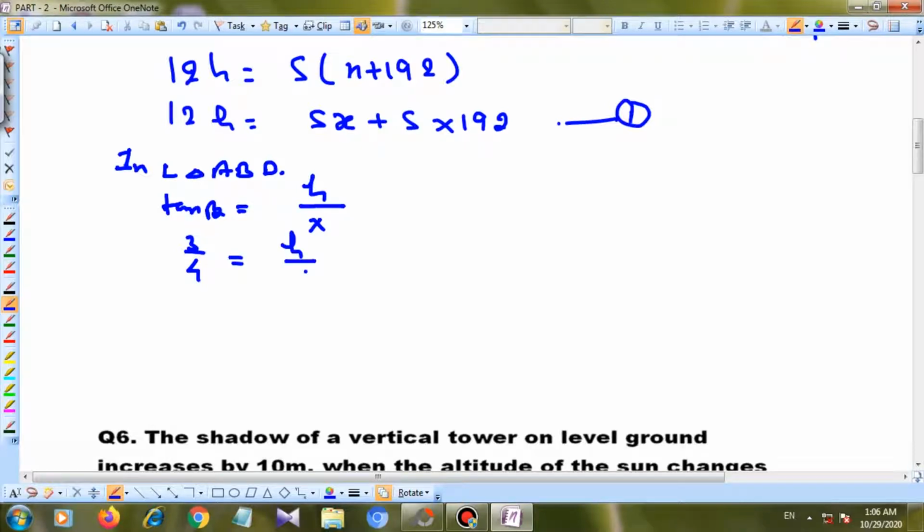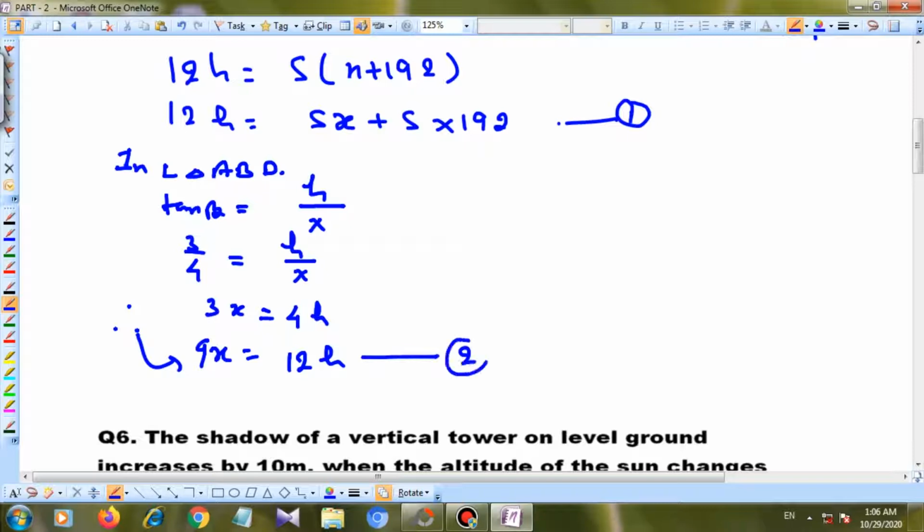So h upon x is 3 by 4, so 3x equal to 4 times h. Right? If 3x equal to 4h, then multiplying by 3 on both sides, we get 9x equal to 12h. So this is equation second.